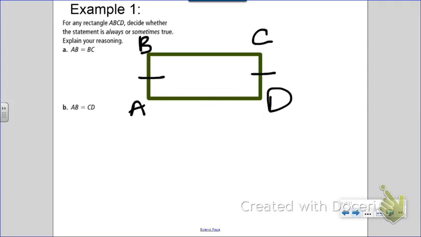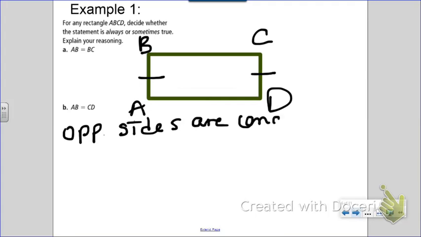The one we know obviously is true is that the opposite sides are congruent. That's always the case because it's also a parallelogram, and so opposite sides are congruent.